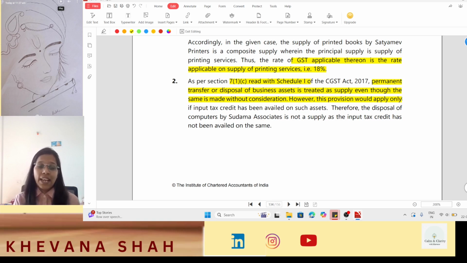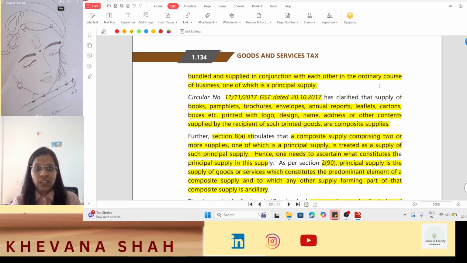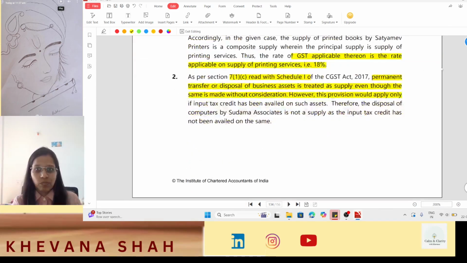But then as per Schedule 1 deemed supply, even if there is no consideration and there is permanent transfer or disposal of business assets, it will be considered as supply. But the condition was that ITC should have been availed on such assets. Therefore, the disposal of computers by Sudama Associates is not a supply as ITC has not been availed on the same.